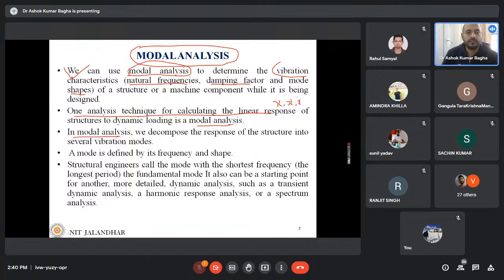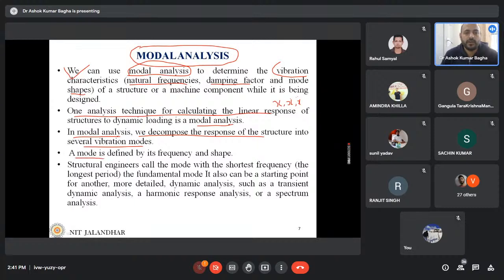In modal analysis, we decompose the response of the structure into several vibrating modes. We know that the structure is excited at n degrees of freedom, and when it is excited at n degrees of freedom, n natural frequencies will be excited. So the response is the combination of the n modes.